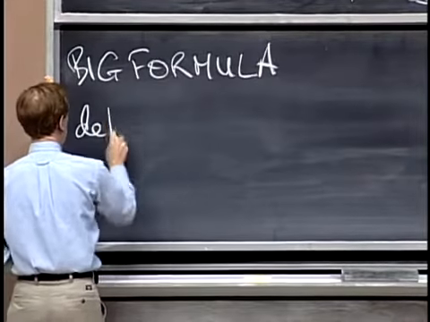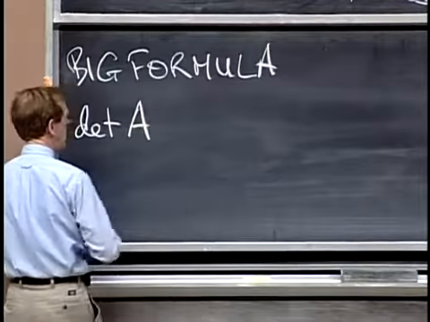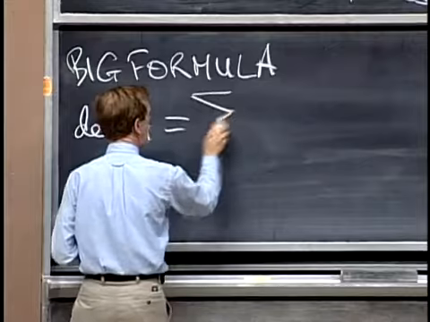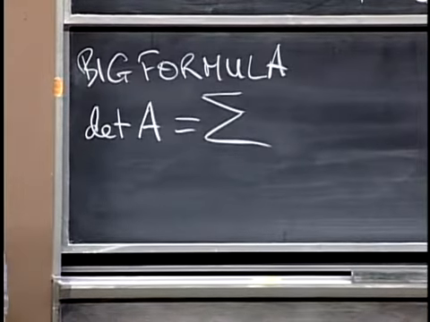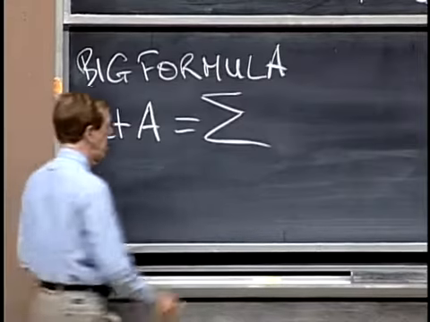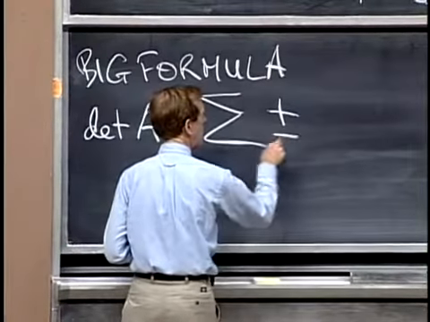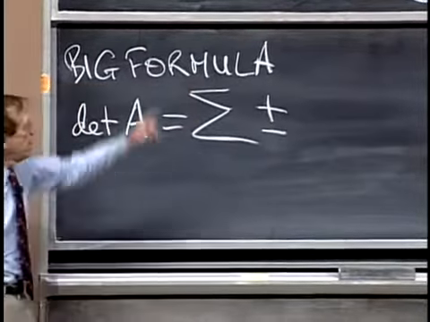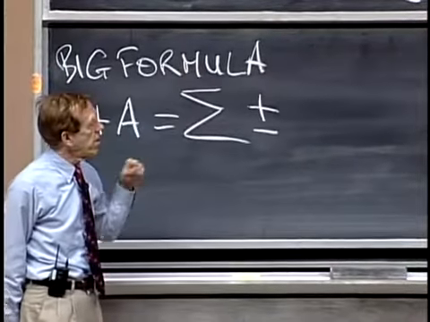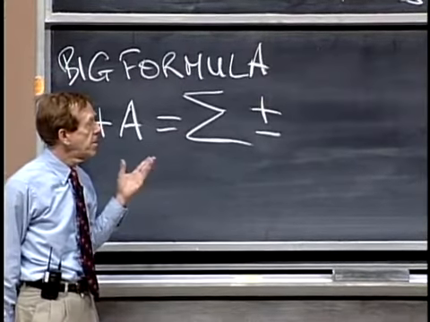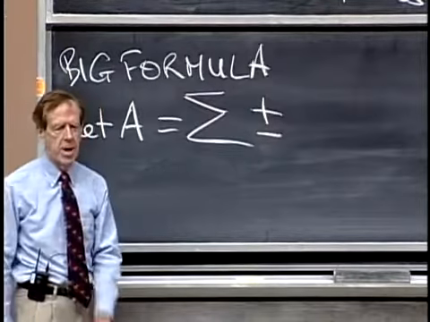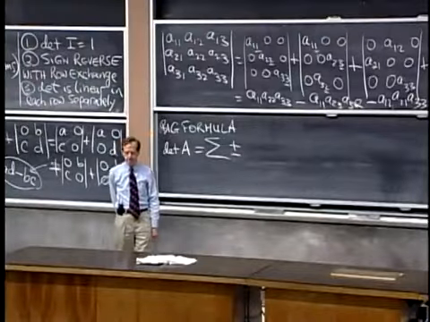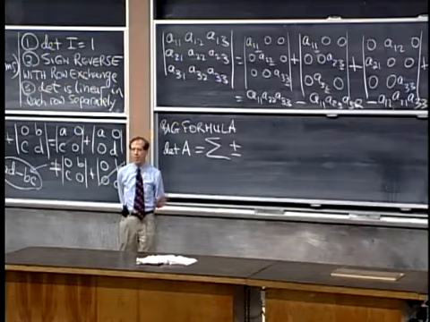That the determinant of A is the sum of a whole lot of terms. And what are those terms? And is it a plus or a minus sign? And I have to tell you which it is, because in the 3x3 case, I had how many terms? 6, and half were plus and half were minus. How many terms are you figuring for 4x4?